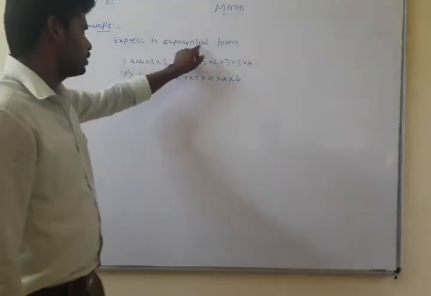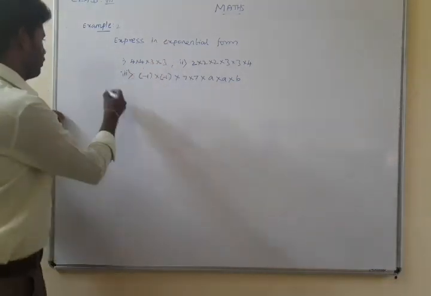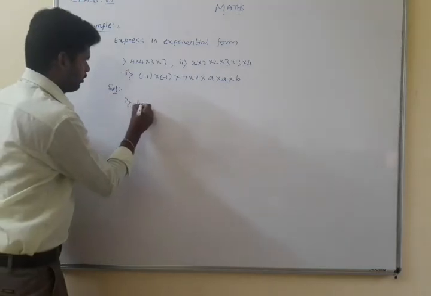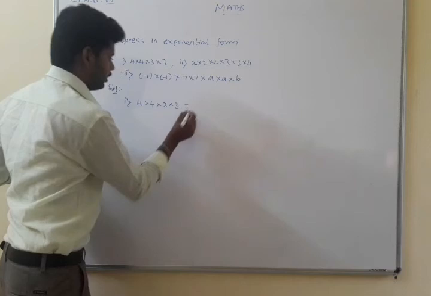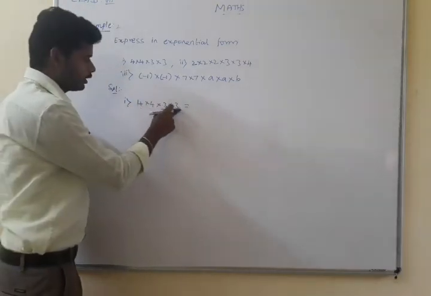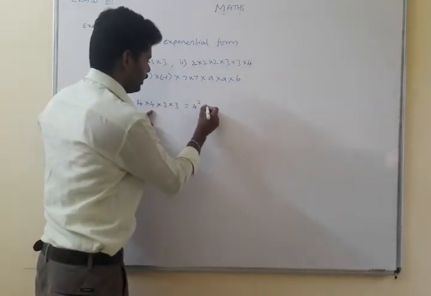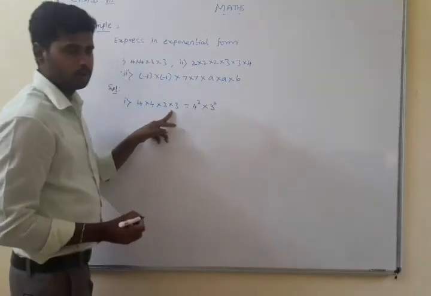Next, example 2. Express in exponential form. You change it to exponential form. First one: 4 into 4 into 3 into 3. 4 appears how many times? 2 times. So 4 power 2 into 3 power 2.